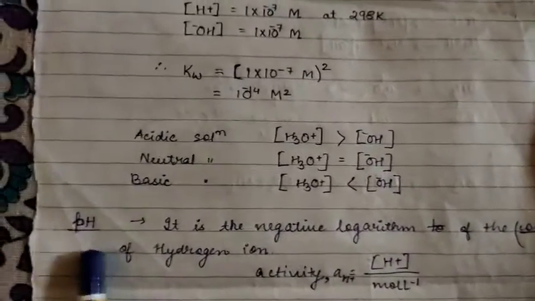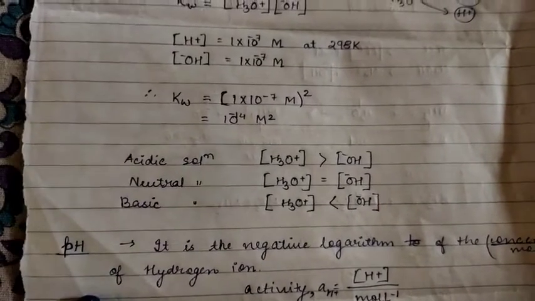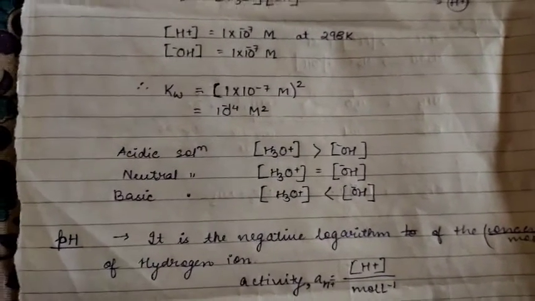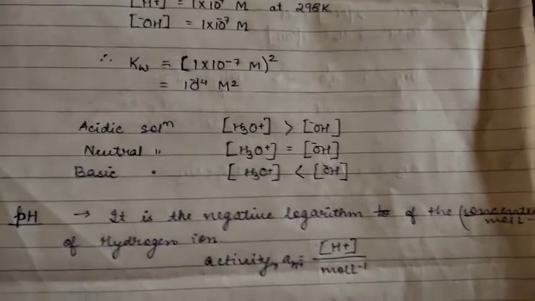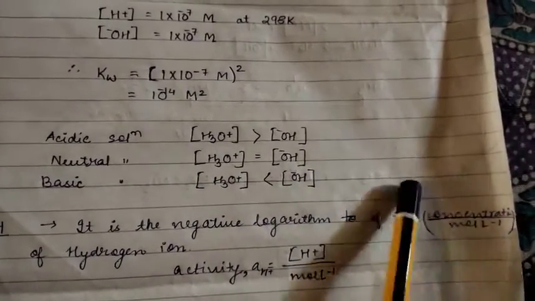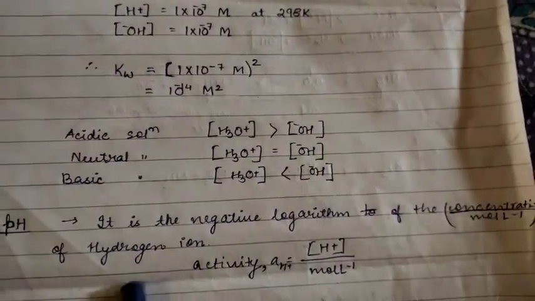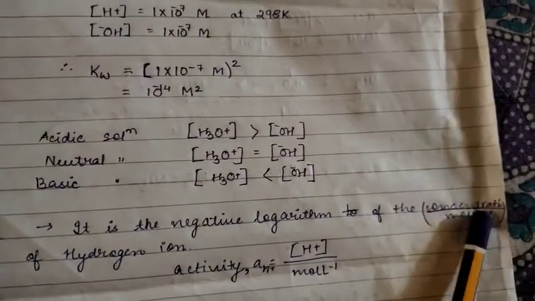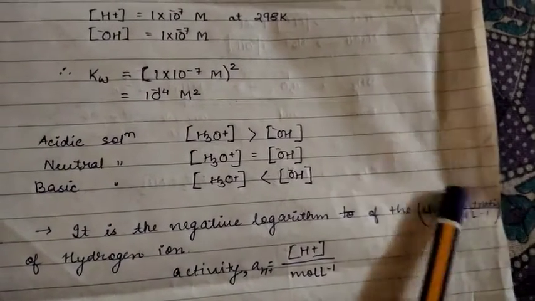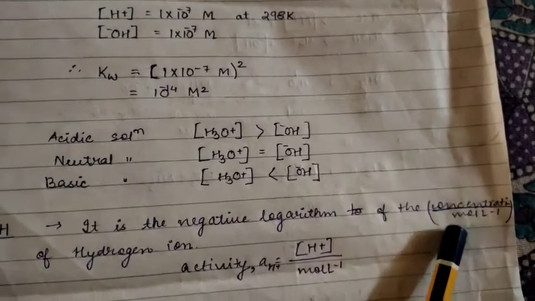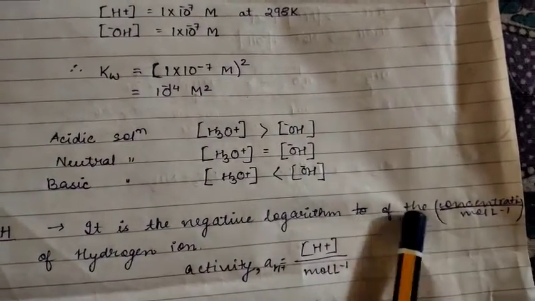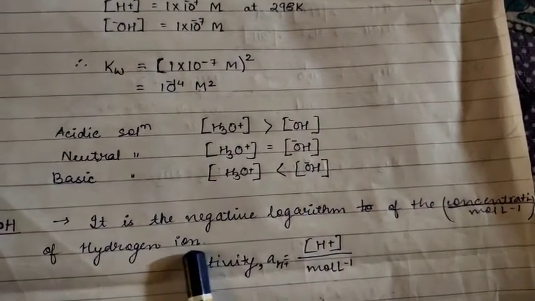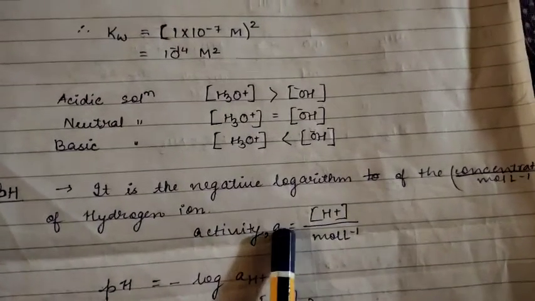Next, the topic is pH. You already know a little bit about pH, right? The proper definition of pH is the negative logarithm of the concentration, in moles per liter, of hydrogen ion. This term, concentration by mole per liter, is designated as activity. So you can say it is the negative logarithm of the activity of hydrogen ion. And activity means what?